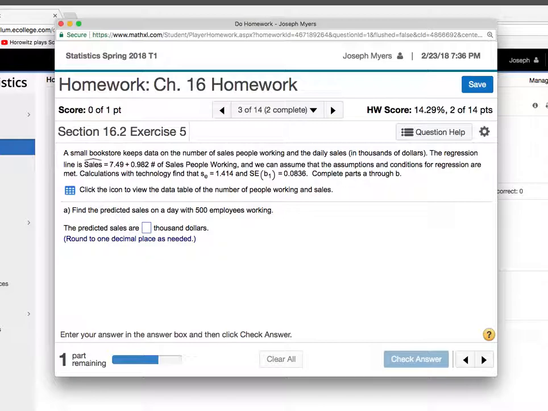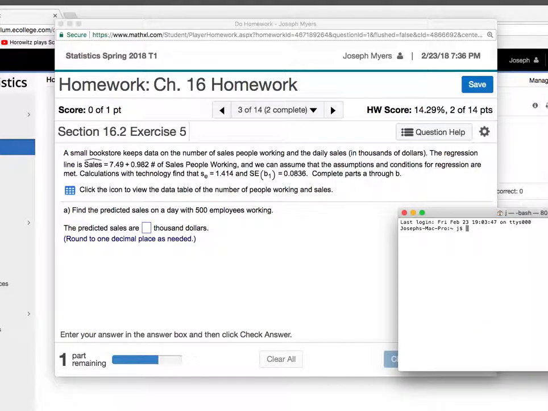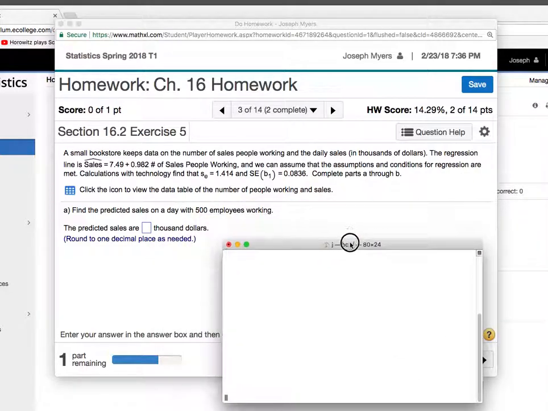Okay, so now the predicted sales. These are always the hardest problems for me. Let me try to get a calculator working. So the predicted sales is the formula, this one right here, sales hat.